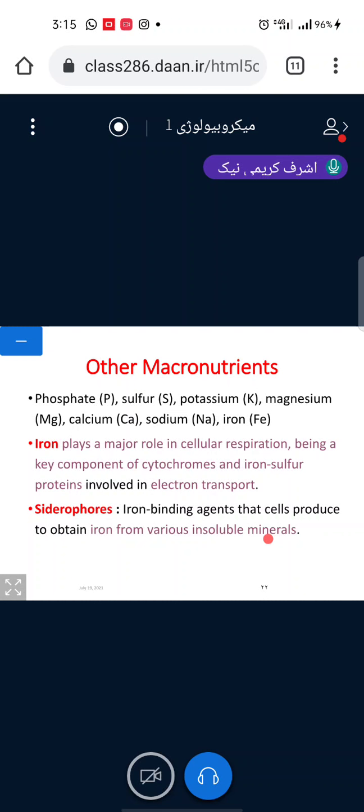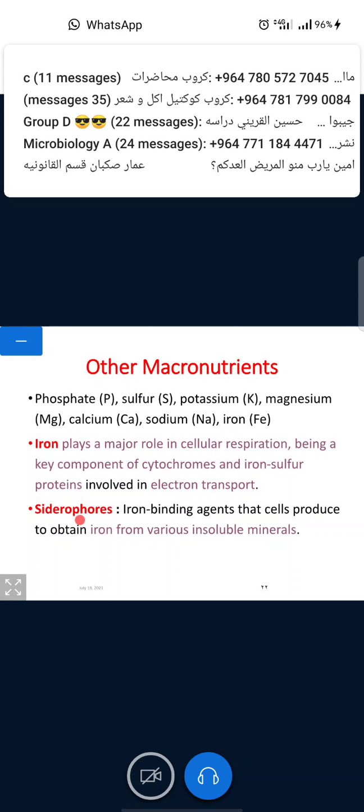Yes, some pathogenic bacteria, for example Mycobacterium tuberculosis, can produce siderophores. Because of producing siderophores, these bacteria can absorb Fe, iron, from plasma, from serum in blood, and producing siderophores is a virulence factor for some bacteria.